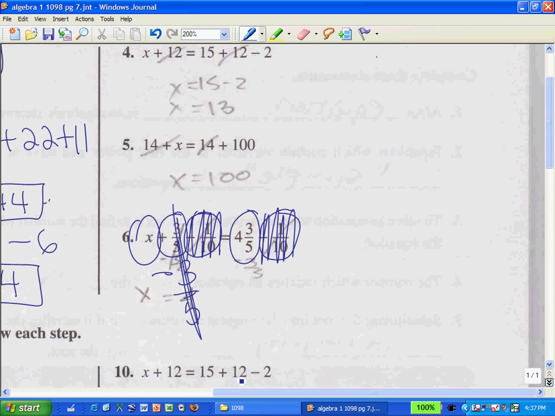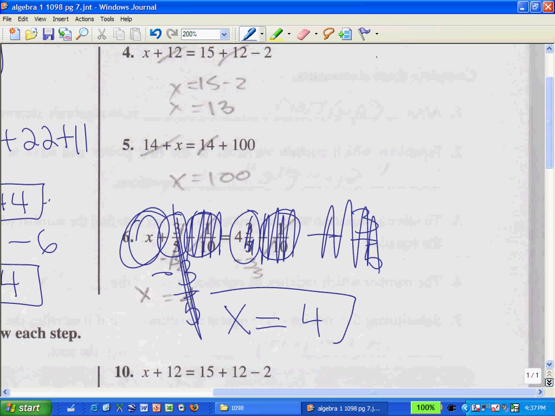But what I do to one side, I have to do to the other side. So I subtract 3 over 5 from this side too. I've got 4 and 3/5, and if I take 3/5 away from the 4 and 3/5, the 3/5 is gone, and all I have left is 4. And on this side, all I have left is x. So x equals 4.